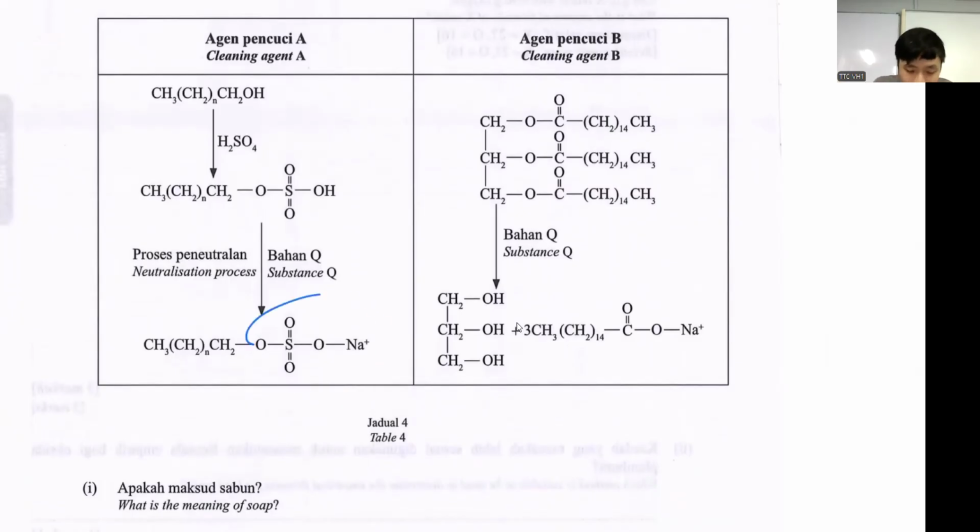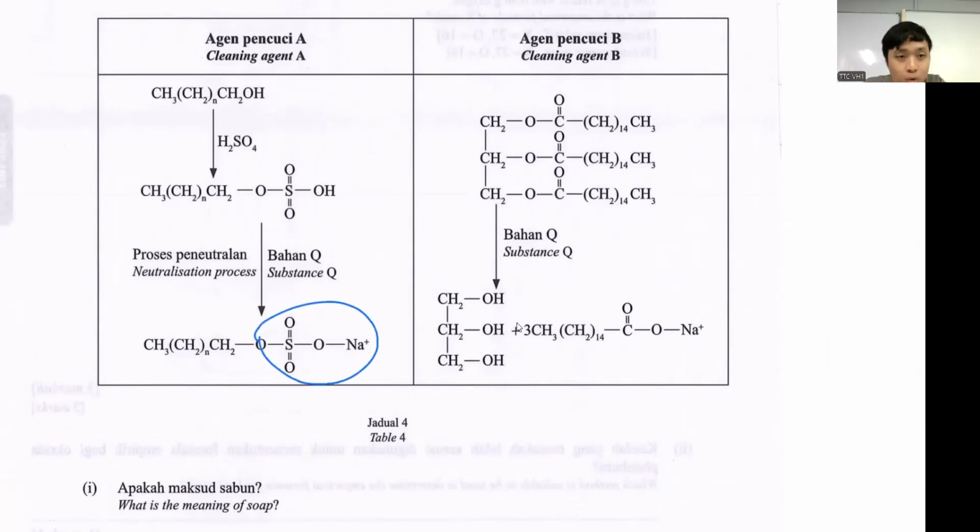It means this part likes water. Then at the back part, it's like covalent instead, so we call it the hydrophobic tail. They don't like water. They like grease, organic solvent, oil, and dirt.